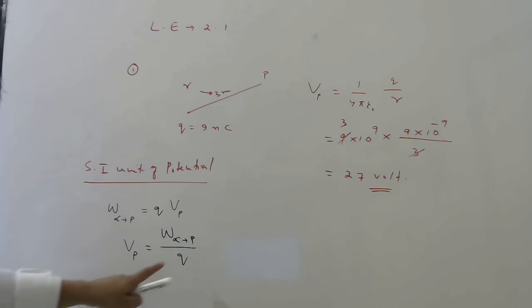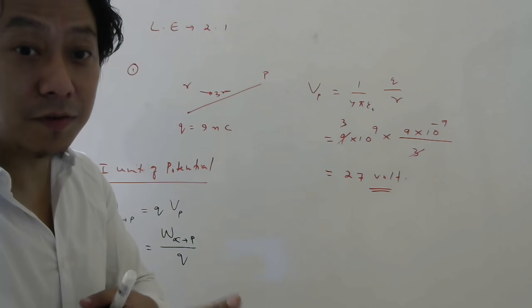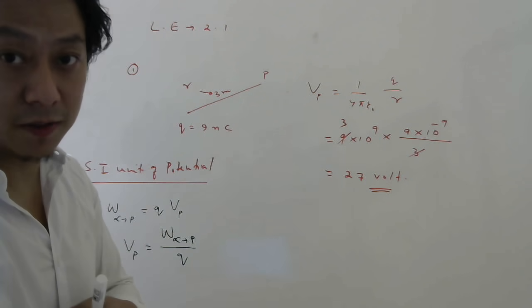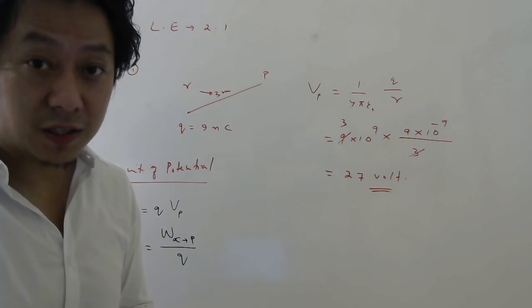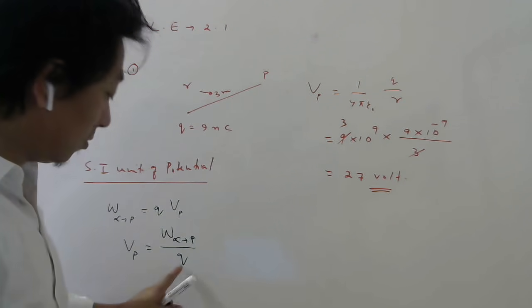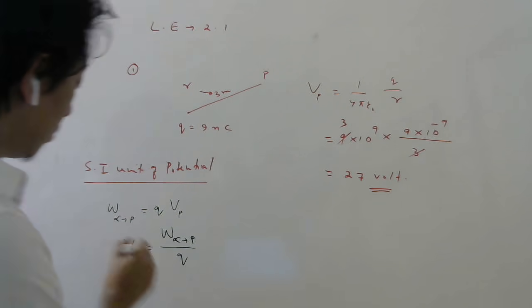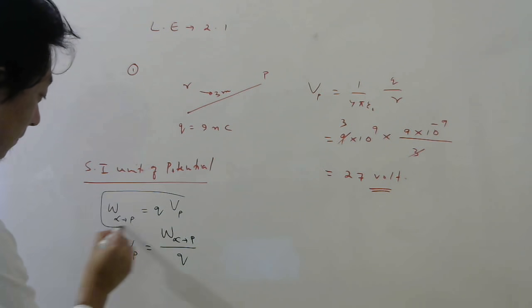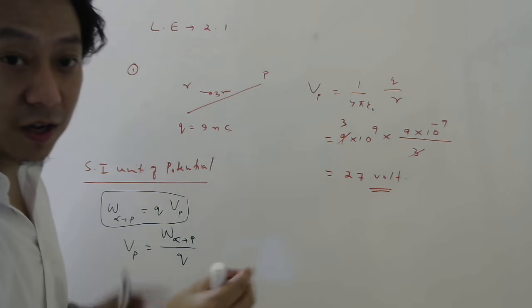Now be careful, this is not your source charge. This is the charge which you are moving against the field of source charge. So there is already some source charge which is producing the electric field. You are moving the charge, this Q, from infinity to some point P, and the work that you do is this much. So this is work done to move this charge.